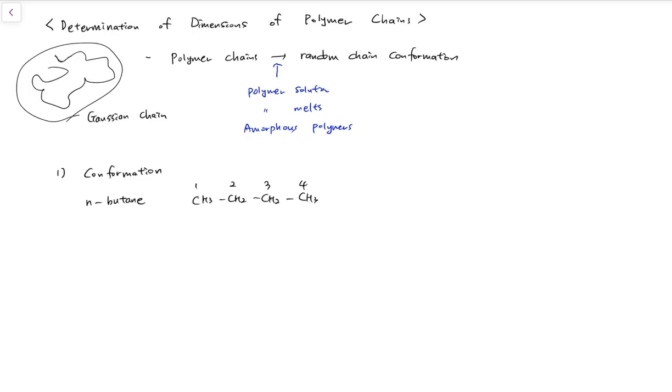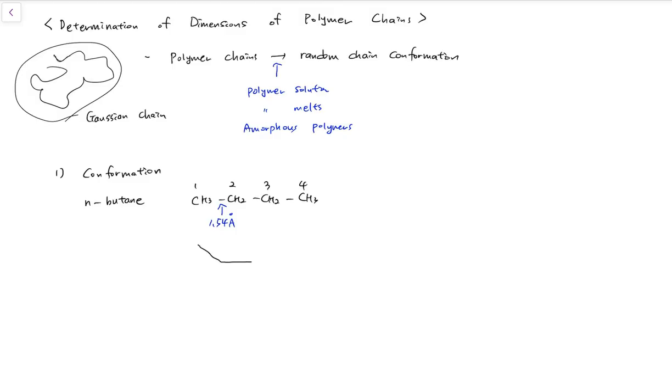The length of the carbon-carbon single bond is 1.54 angstrom. And in 3 dimensions, these bonds have a certain angle, which is 109.5 degrees, right? Remember?